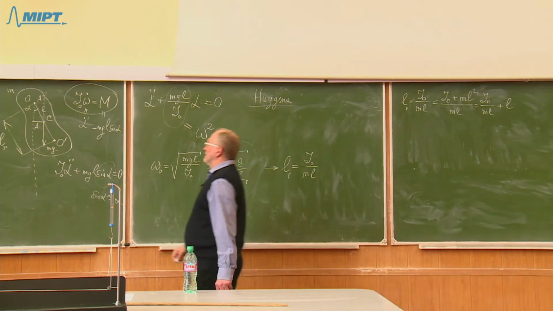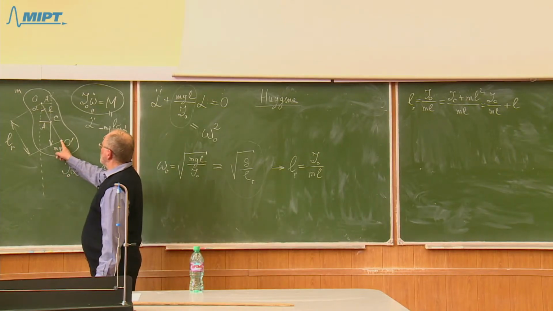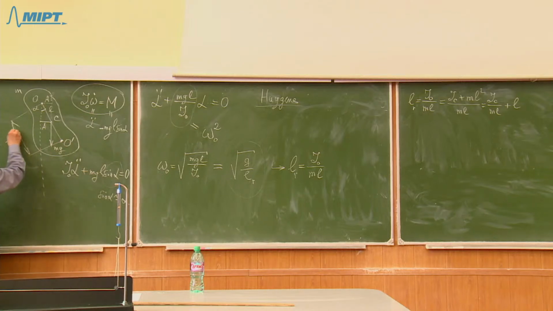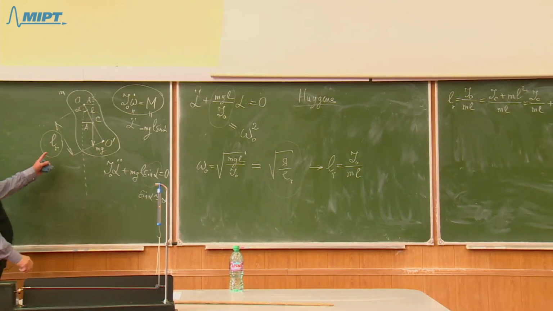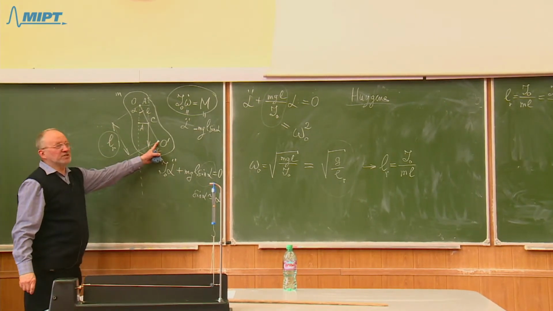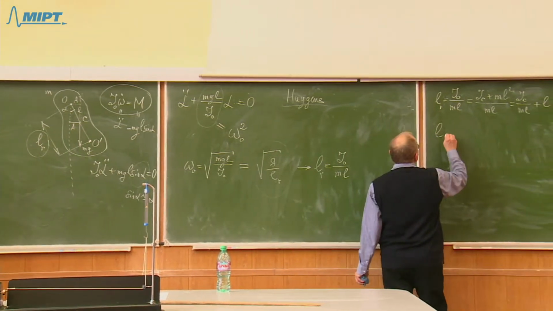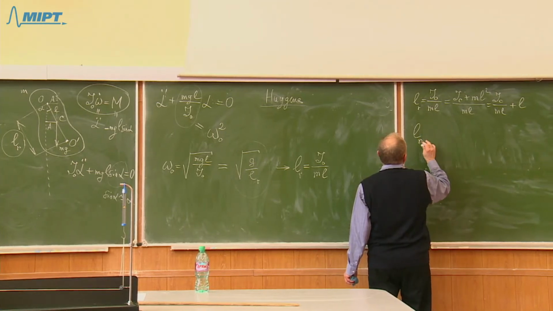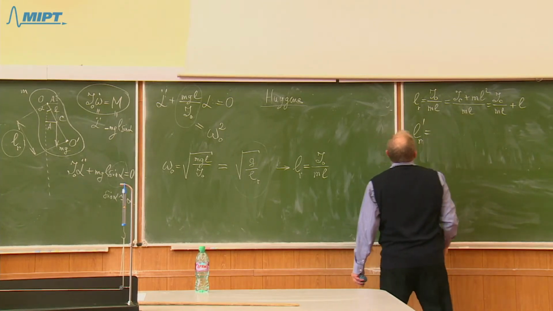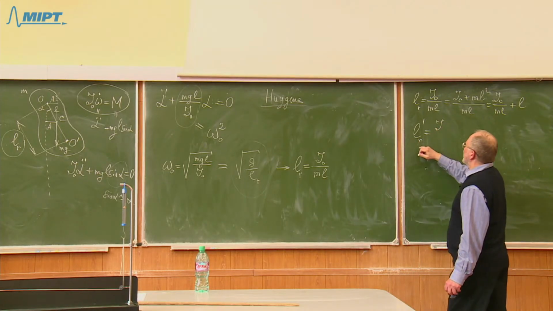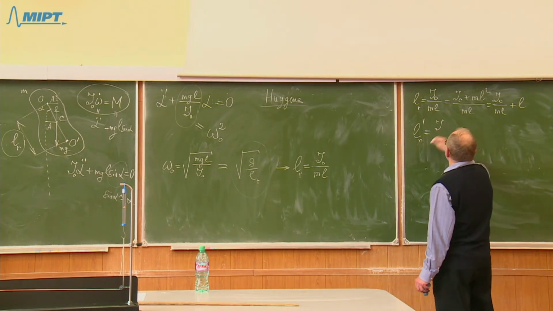Now I will suspend this body by point O prime. And I will calculate the length of the ideal pendulum with respect to this point O prime, if the pendulum is suspended by point O prime. The length of the reduced ideal pendulum will be what?